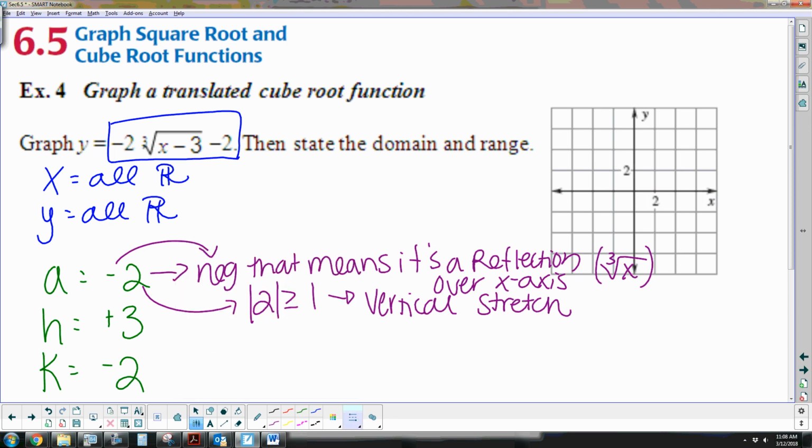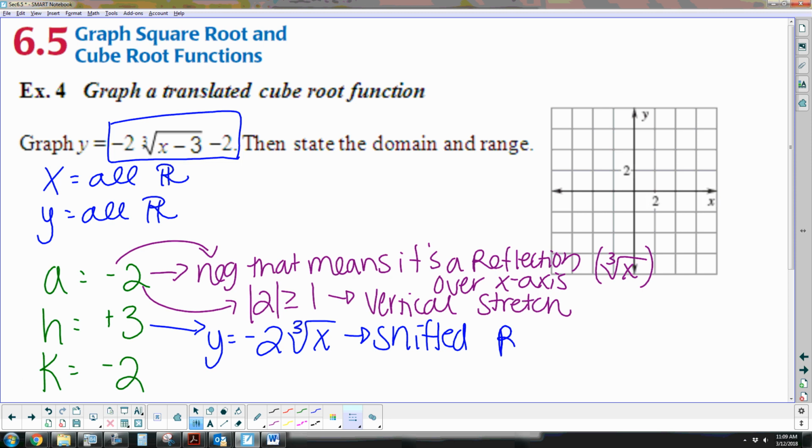Now if we move on to looking at our h coordinate, our h coordinate is positive 3, so that means that the graph y equals negative 2 times the cubed root of x is going to be shifted to the right 3 units. Because h deals with our horizontal translation.